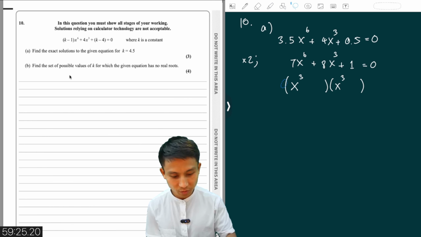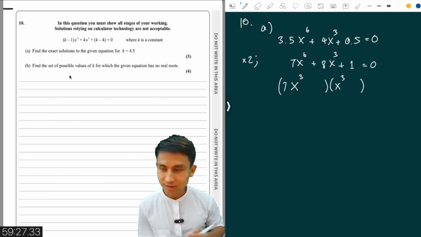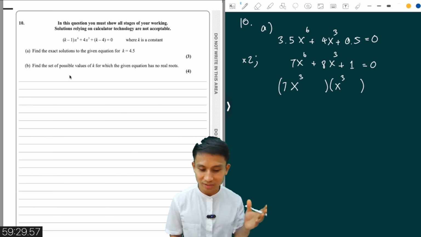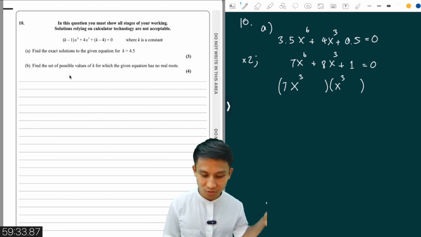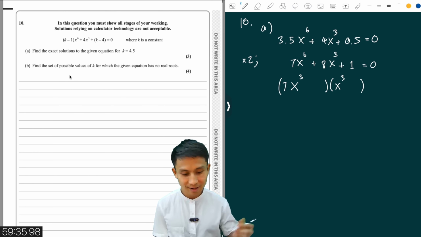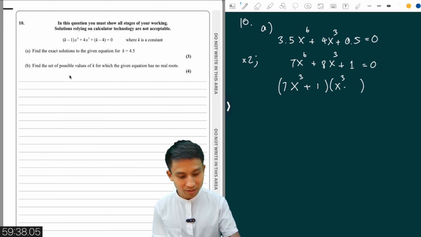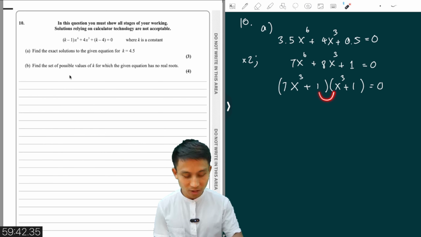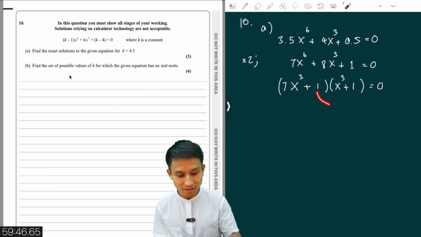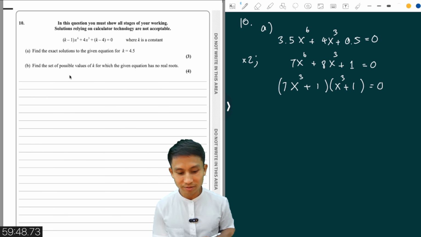So I'm doing quadratic factorization here, but instead of just x, it's x cubed. Because when you do 7x cubed times x cubed, you get 7x to the 6. And then let's try 1 and 1, and that should work, right? Because when you expand the middle term, this is 1x cubed, this is 7x cubed, you add them up, you get 8x cubed. And the 1 and the 1 multiply to 1.